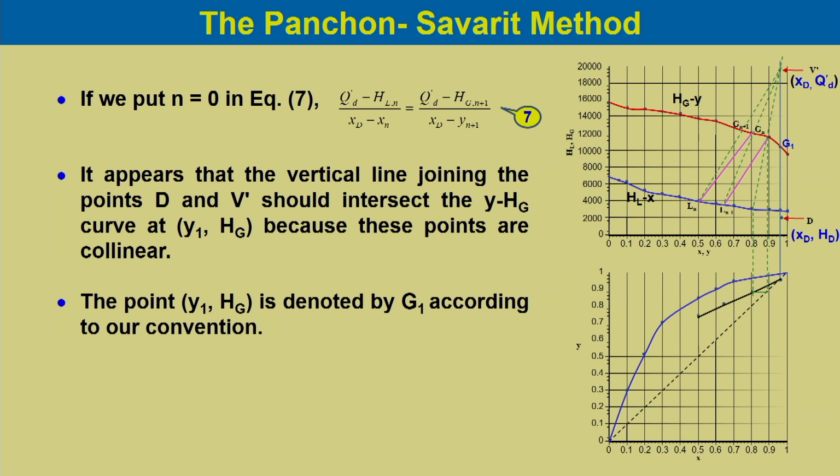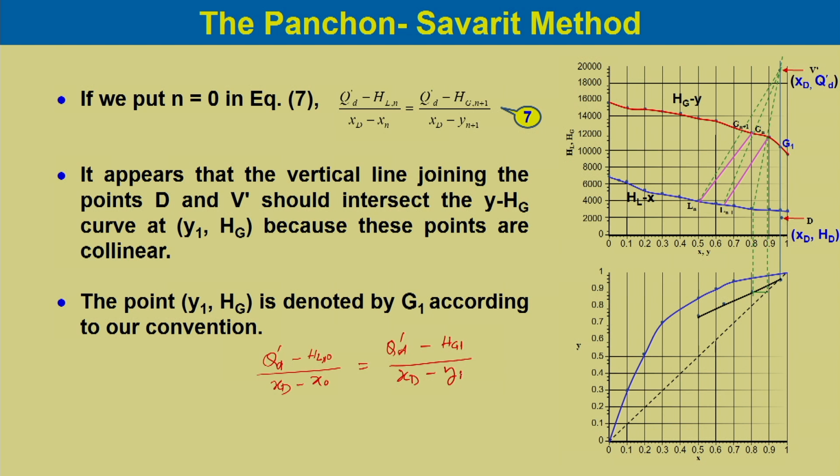So if we put n equal to 0, what will happen? Equation 7 we can write as qd dash minus HL0 divided by xd minus x naught, would be equal to qd dash minus Hg1 divided by xd minus y1.